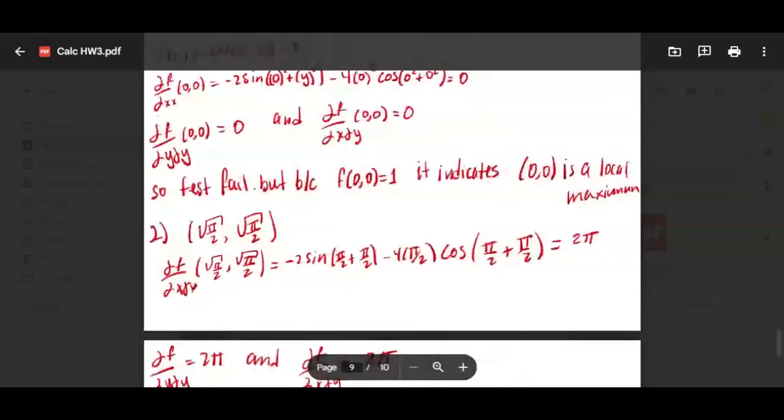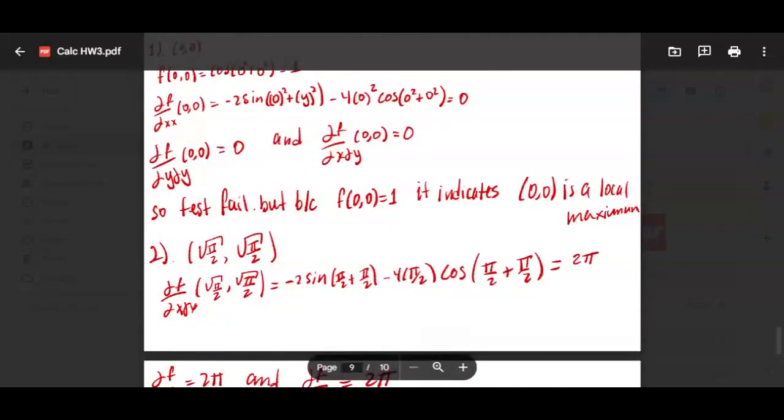Because the function value is greater than 0, so from where it says if the function value is greater than 0, the point you're evaluating at is a local maximum.